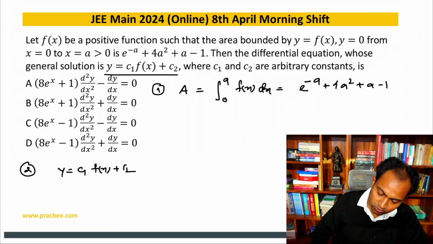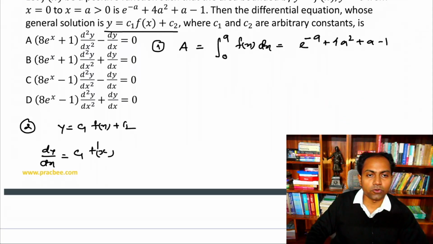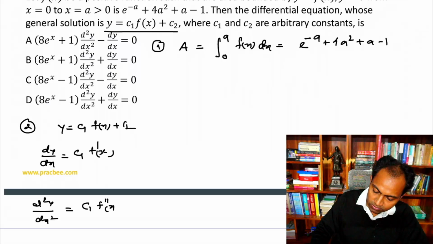So if I differentiate it, this becomes dy by dx is equal to c1 f dash of x. And now, since there are two effective constants, we'll have to differentiate two times. So if I differentiate it one more time, d2y by dx square will be equal to c1 f double dash of x.